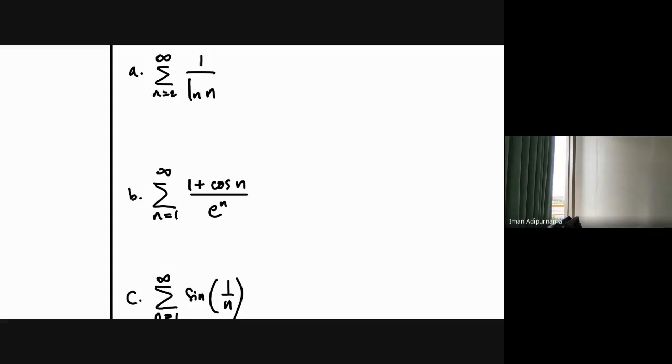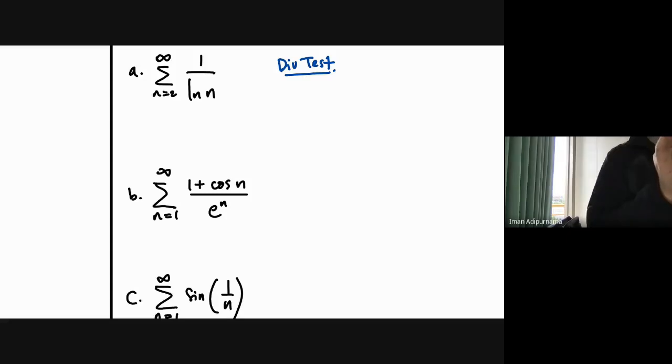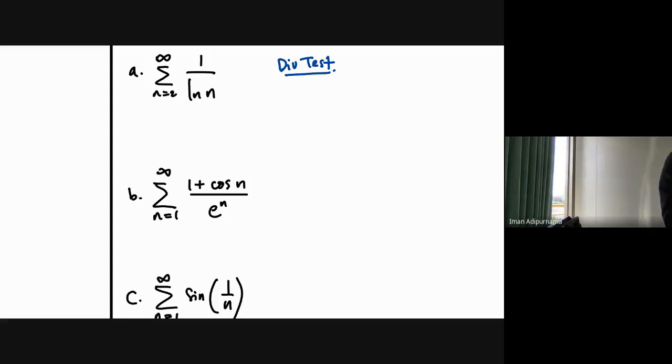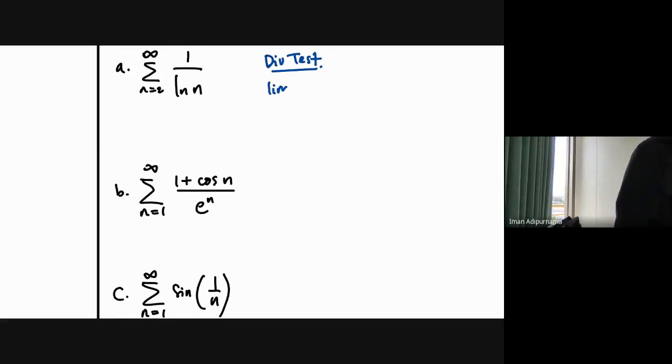Okay, so I was mentioning before the divergence test, right? What you need to remember, the divergence test is just a first layer to test the series.